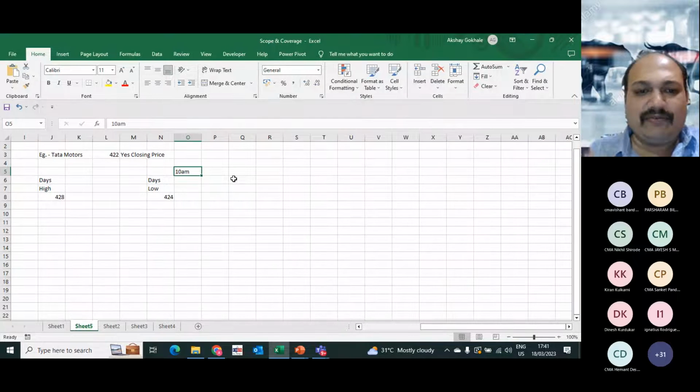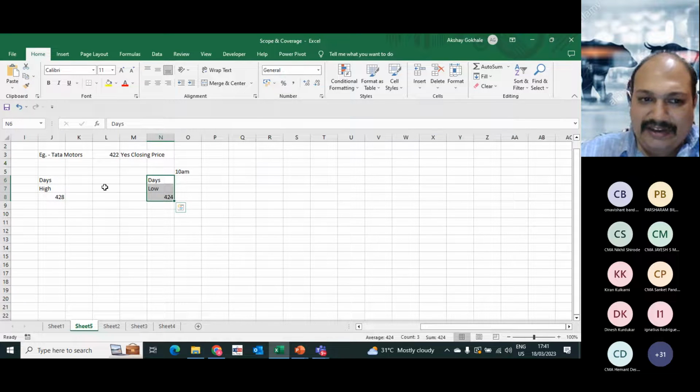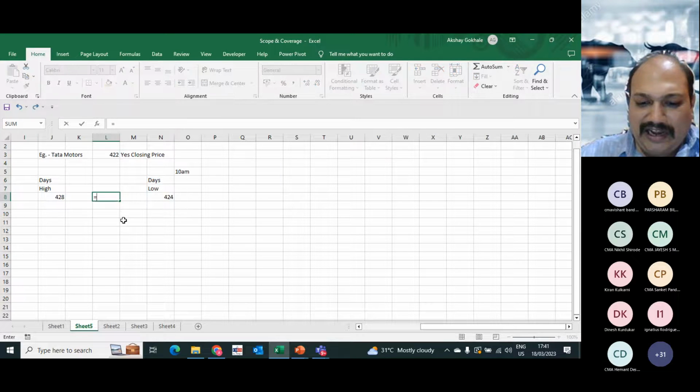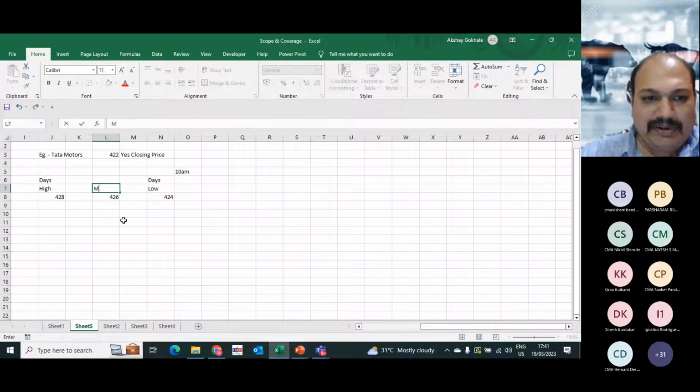Up to 10 a.m. the market will settle and make some high and some low for the day. Then you have to calculate its midpoint. Midpoint means the average.